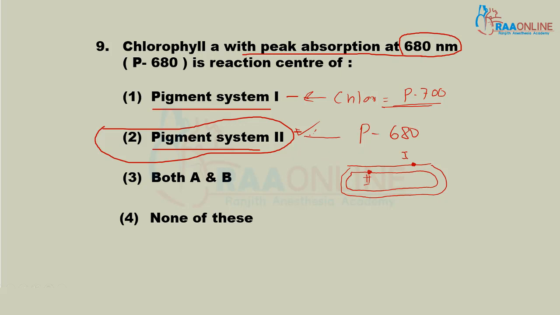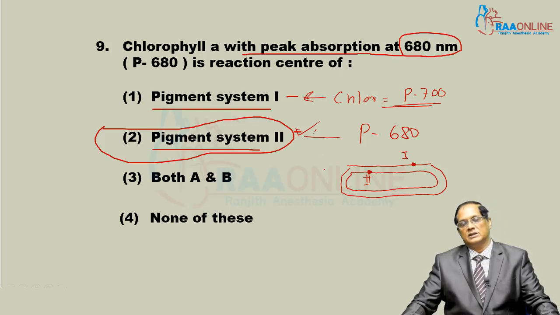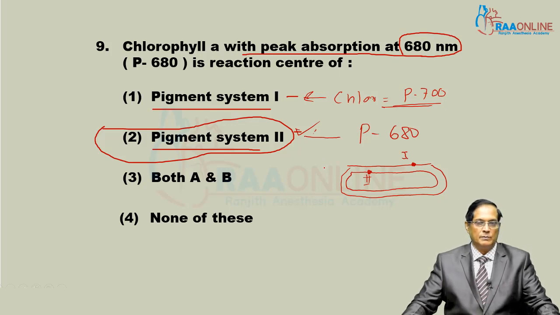This is the location of pigment system 1, and this is the location of pigment system 2 on the thylakoid. One is appressed and the other one is non-appressed. These are the specific pigments of chlorophyll A regarded as P680 and P700. P700 is the reaction center of pigment system 1, whereas P680 is the reaction center of pigment system number 2.